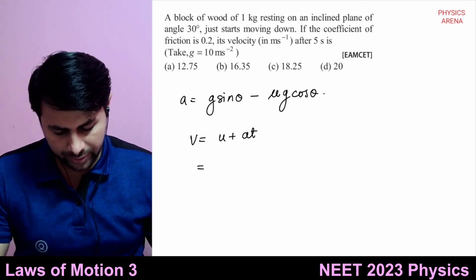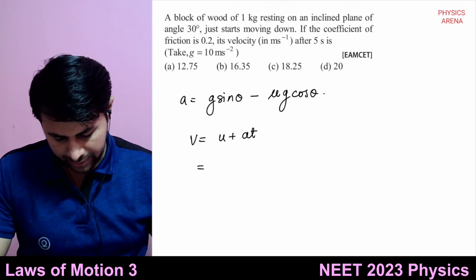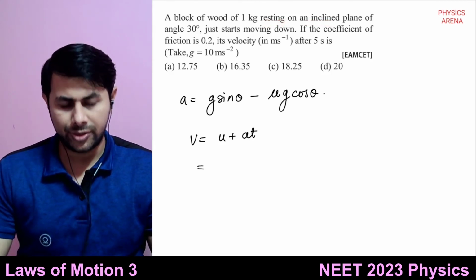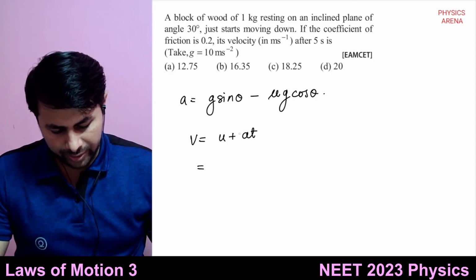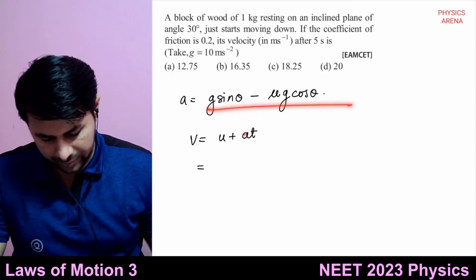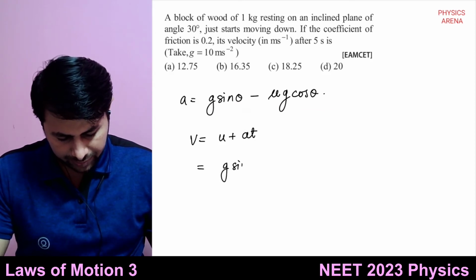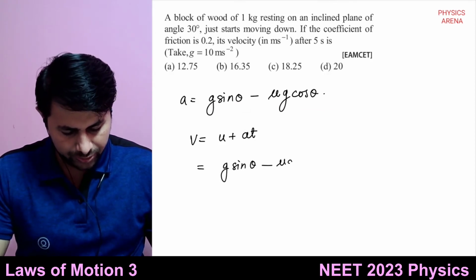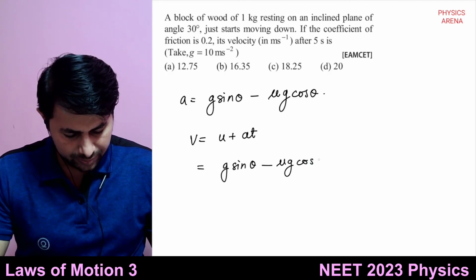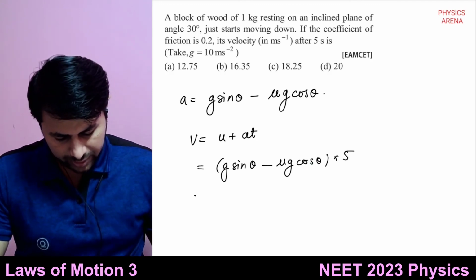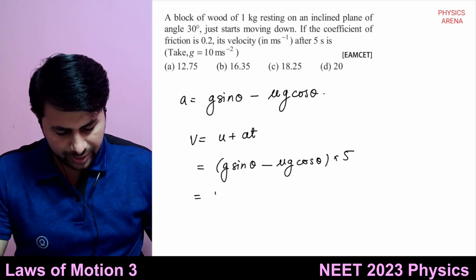u is 0, right? It is resting on an inclined plane, that means u is 0. So a is this, and t is equal to 5 seconds. So g sine theta minus mu g cos theta multiplied by time, which is 5. Let's substitute values. g you can take out.